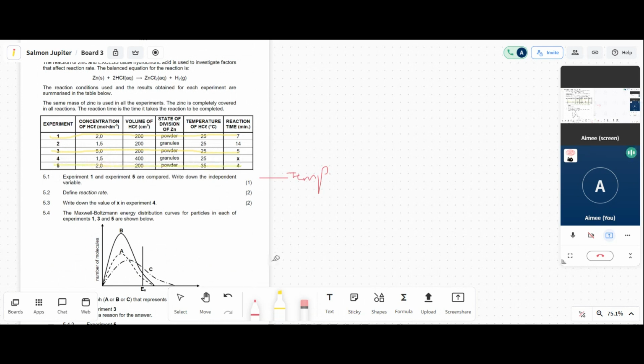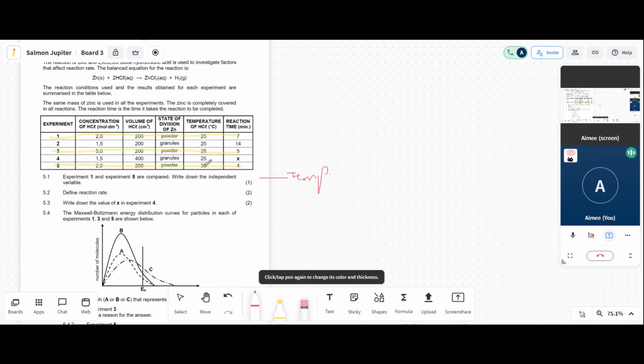So let's just quickly compare. 1 has a concentration of 2, 3 has a concentration of 5, 5 has a concentration of 2. They have the exact same volumes, they're all in powder form, and only one of them is at a different temperature.